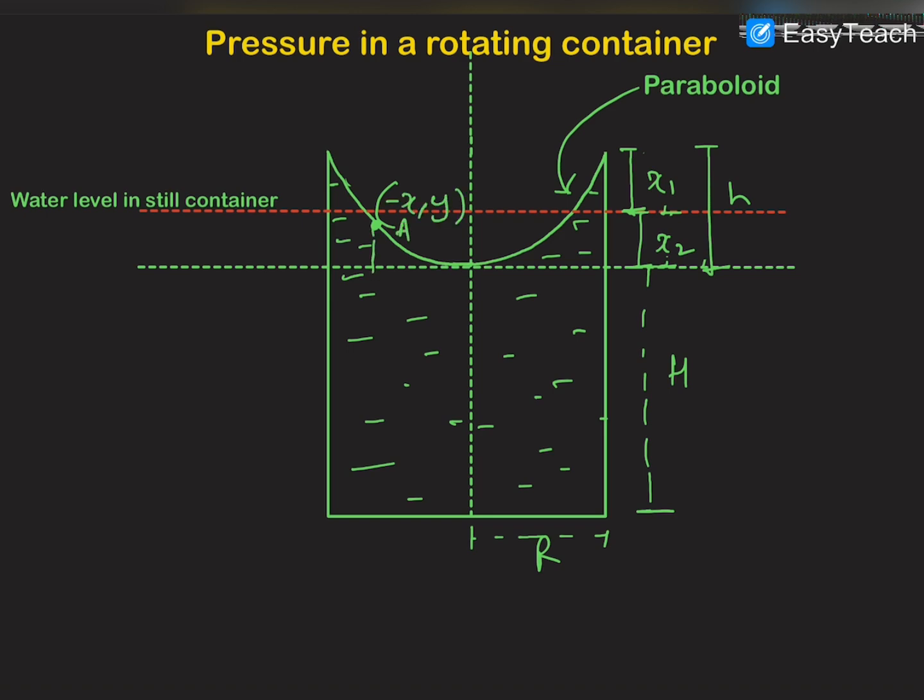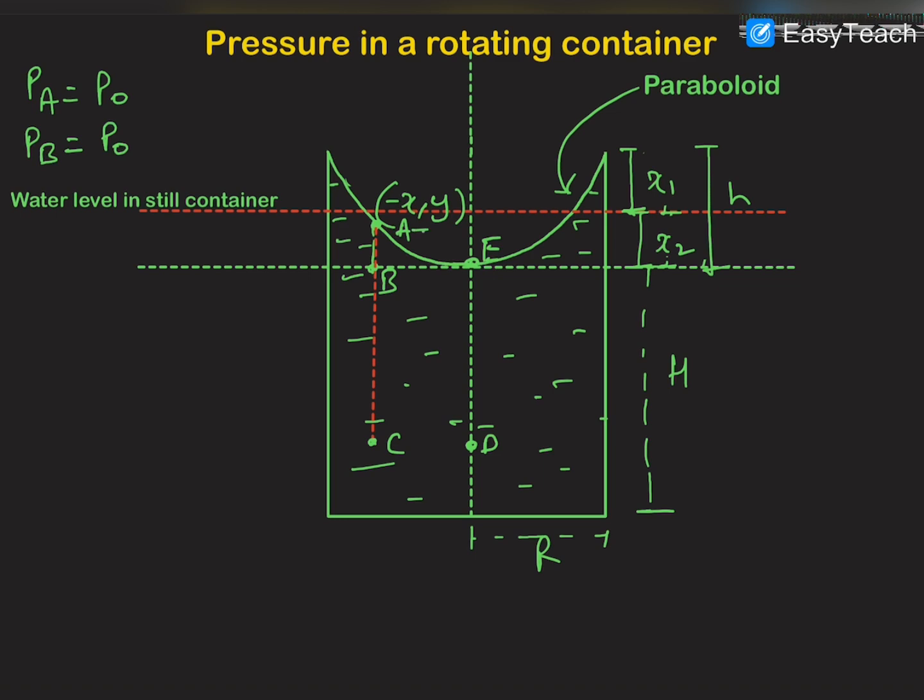So let us name this point as A, and this point as B, and a point C which is just below A and B. This is C. And let us name a point D which is just at the level of C, and let us name this point as E. Now first of all, we know that pressure at A will be equal to P naught, and pressure at B will be PA, but let us directly put the value of PA as P naught.